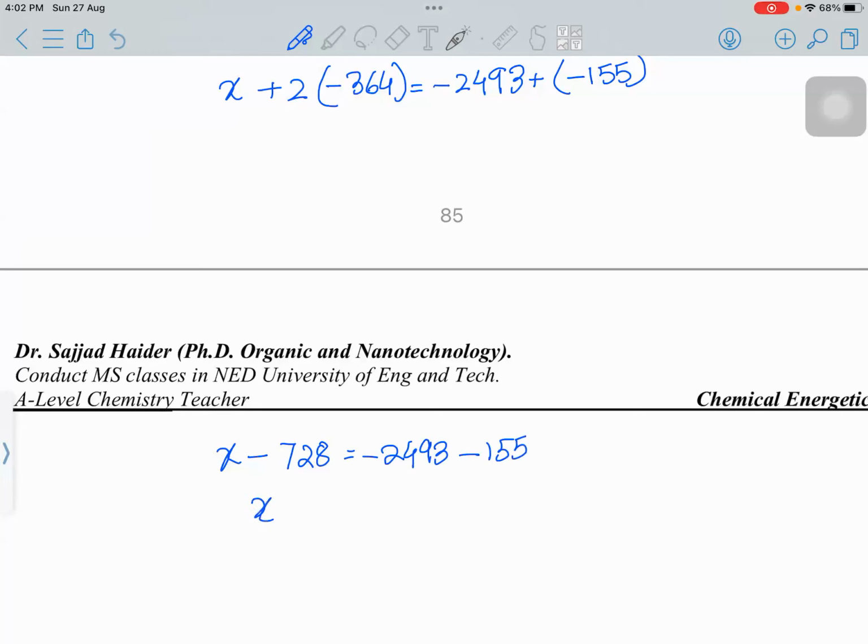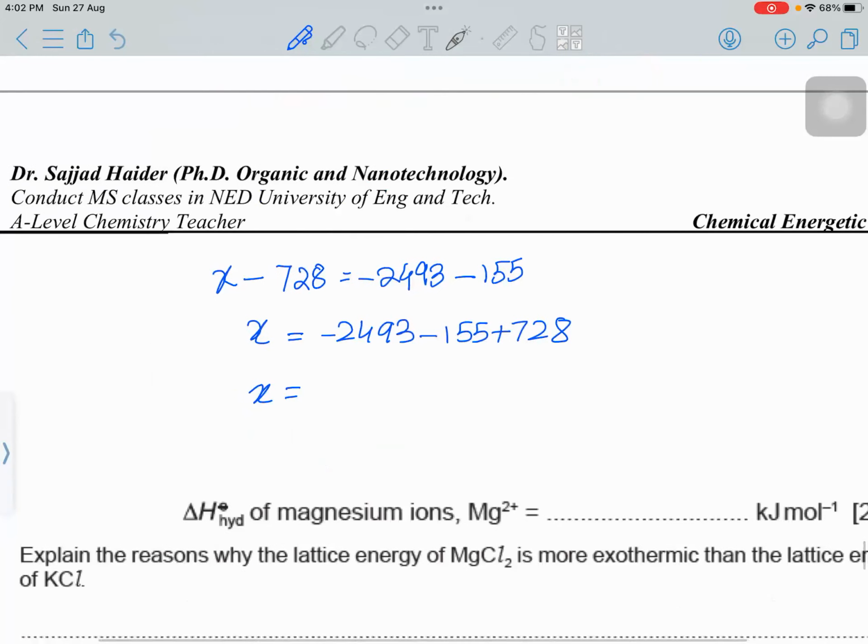So X would be minus 2493 minus 155 plus 728. So X, beta, please tell me the answer. 1920. Hydration is always minus, so minus 1920.